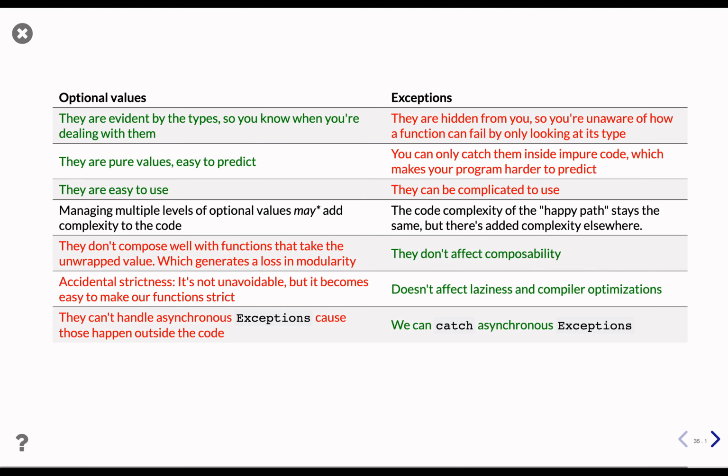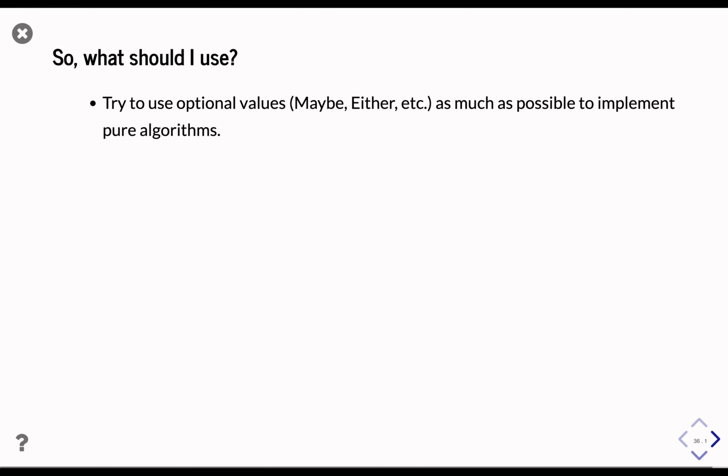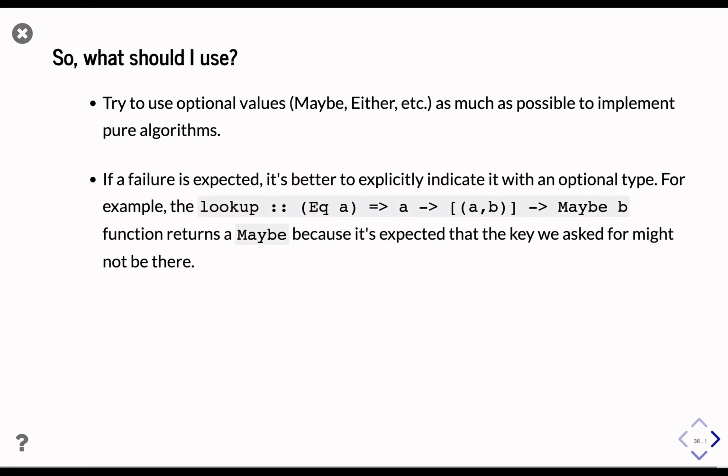So, what should you use? Well, for now, try to use optional values, Maybe, Either, etc., there are others, as much as possible to implement pure algorithms. Also, if a failure is expected, it's better to explicitly indicate it with an optional value.